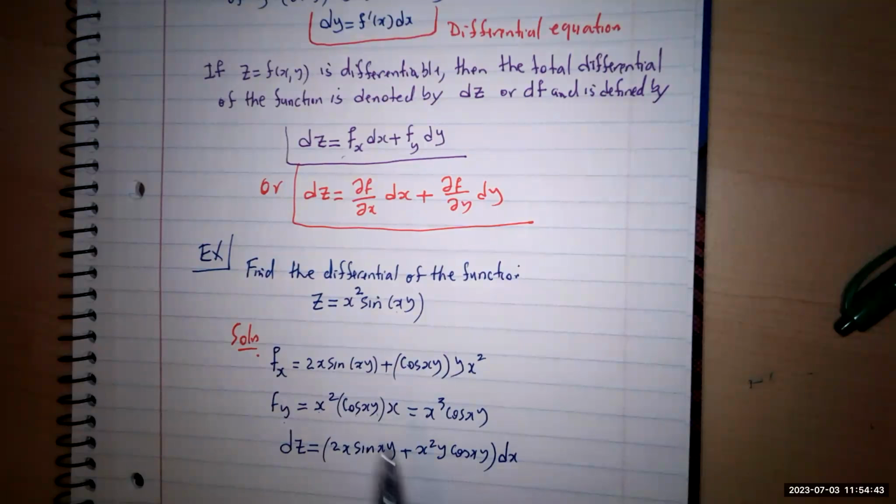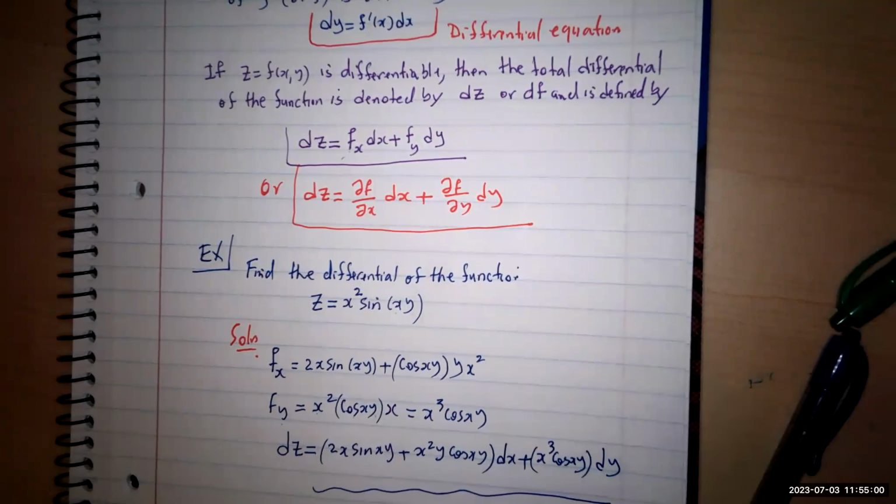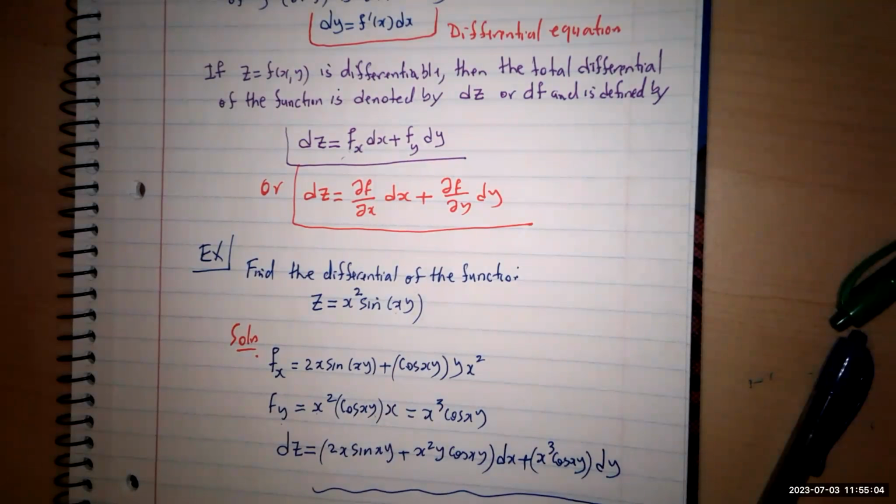Okay, that would be f_x dx plus the other one, it's x cubed cosine of the xy, times the dy. So that gives you the differential of the function, to give you the result.